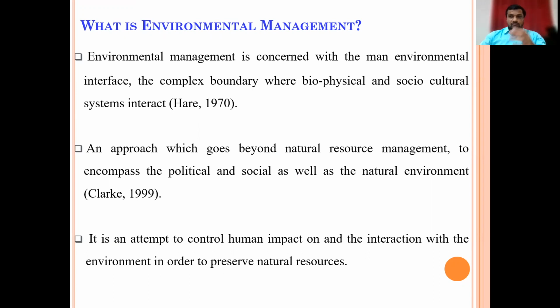So basically, environmental management means we have to analyze the interaction mechanism between the environmental factors and the anthropogenic activities, as well as work on the control of the negative impact of human activities on the environmental factors, that is, environmental degradation. We should focus on the reduction of environmental degradation because of the anthropogenic activities.